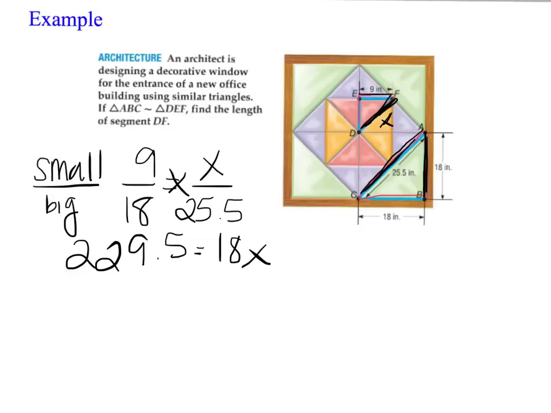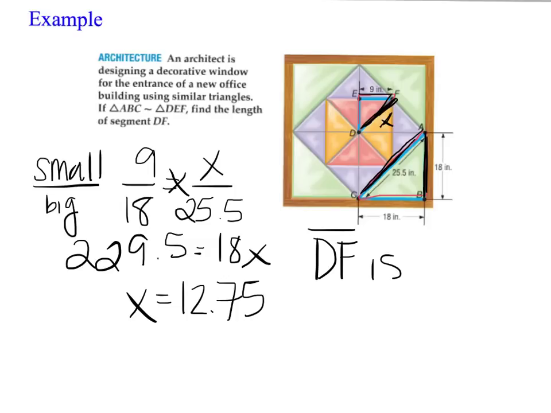We divide by 18 on both sides, and we get x to equal 12.75. Now here we want to say the segment DF is 12.75 inches.